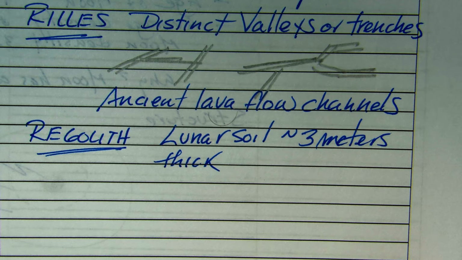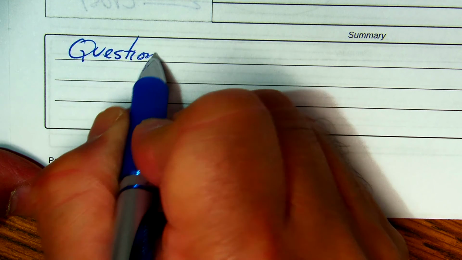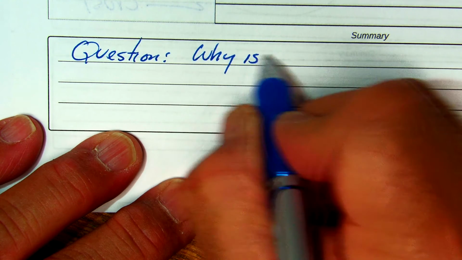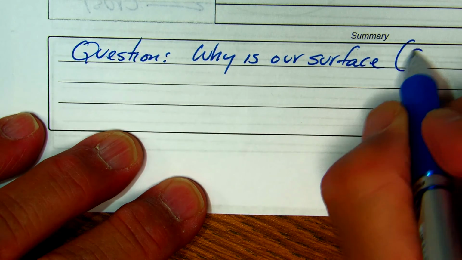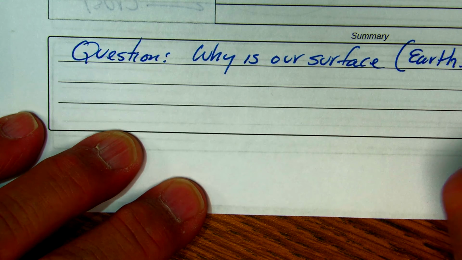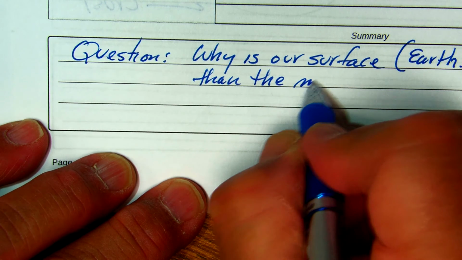Now, a question to leave you with in the portion at the bottom. You can stop to catch up, and we'll make sure about the question at the end, which is for you to ponder. First of all, why is our surface, by that I mean the Earth, so different than the moon?